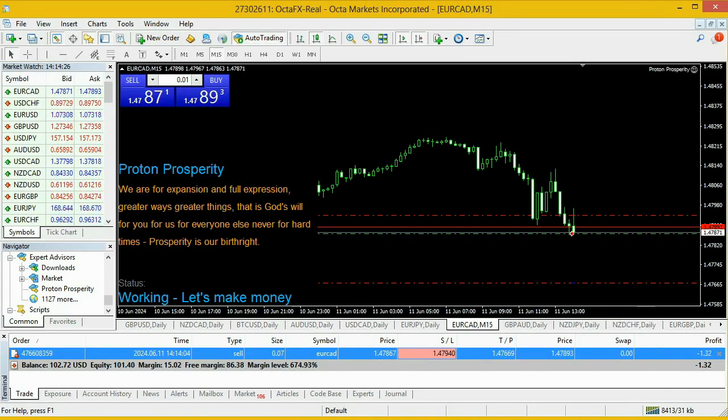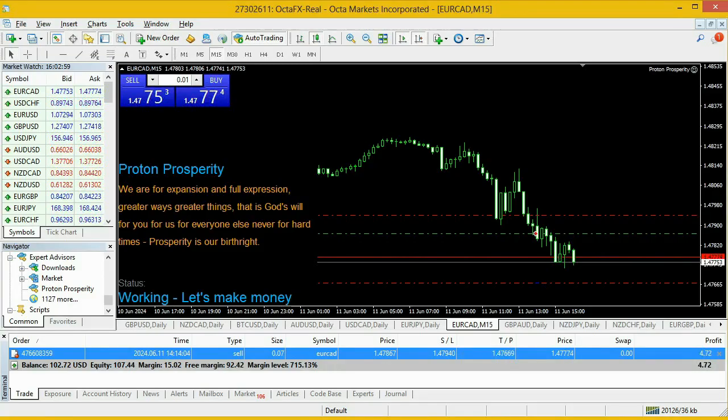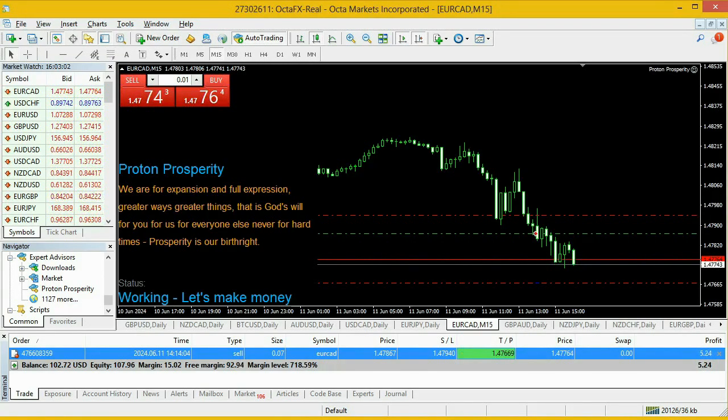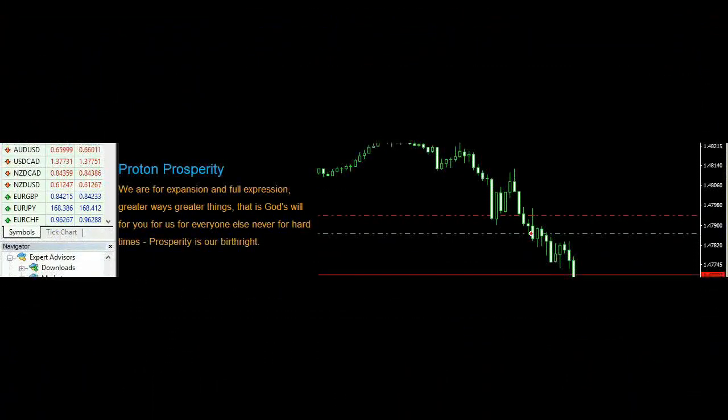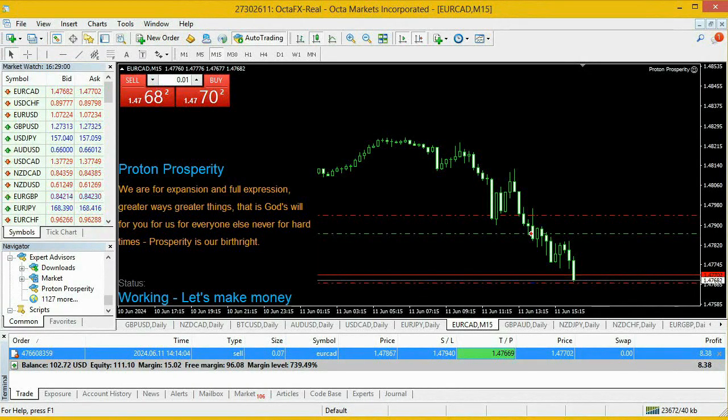Moving forward, 1 hour 45 minutes later, we are halfway to our profit target. Two hours 13 minutes into the trade. This is where we are. Almost there.